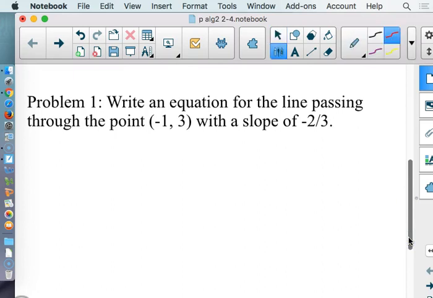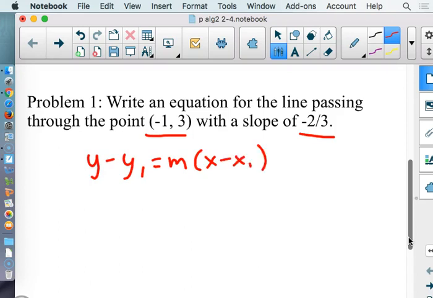We're already to an example right now. Write an equation for the line passing through the point with the slope. Well, that's point slope form. That's what it's for. So y minus y sub 1 equals m times the quantity x minus x sub 1. And our job is to put the point in for x and y and put the slope in for m and see what happens.